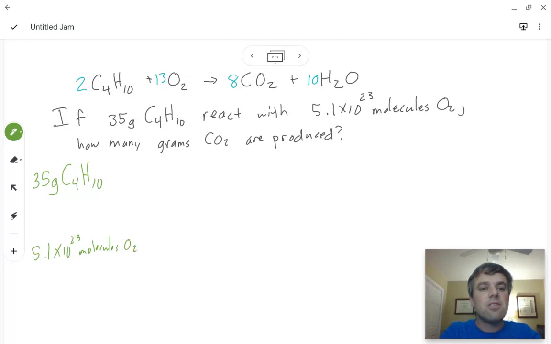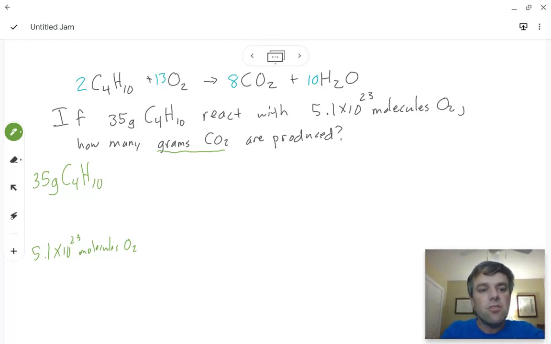And then we're trying to find grams of carbon dioxide. So we're going to work through this problem twice. And then, just like with the Chick-fil-A example, whichever one makes the least amount of carbon dioxide, well, that's the ingredient that ran out first. That's our limiting reactant. So our answer is simply the smallest of the 2 answers.